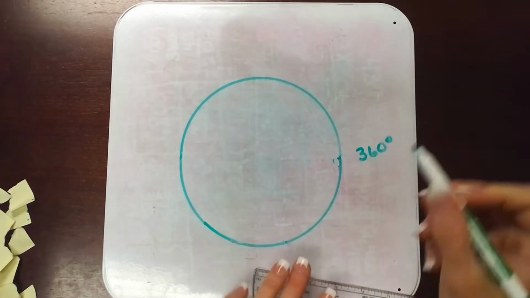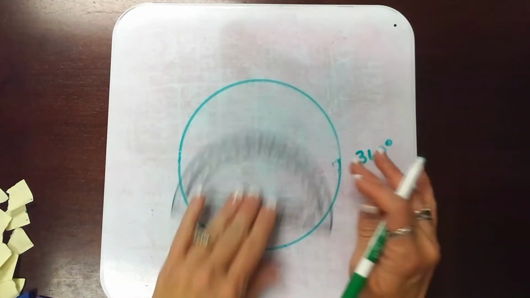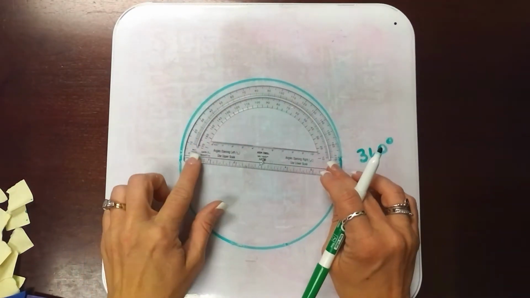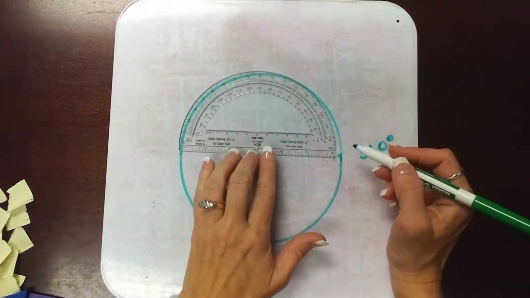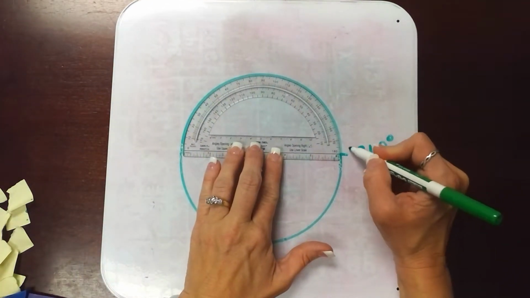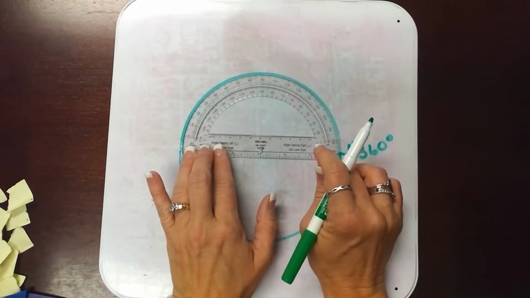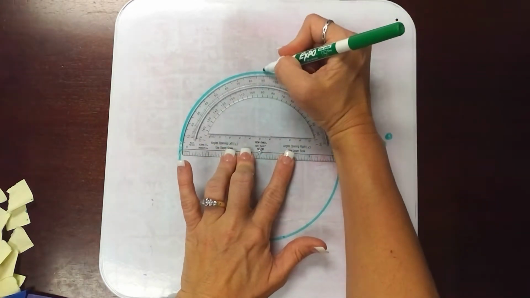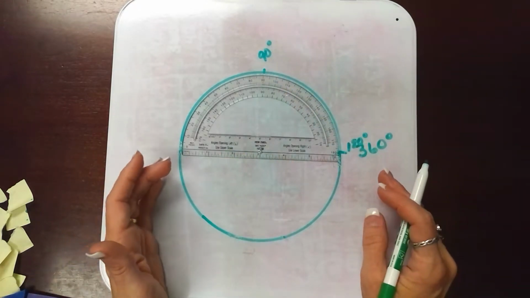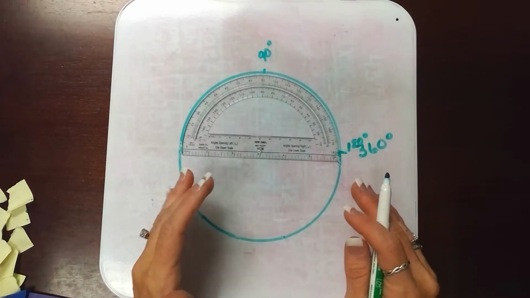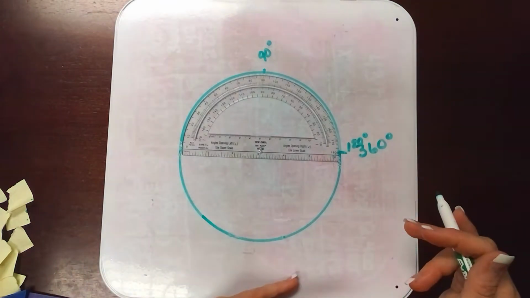And so a protractor is half of a circle, and so it is 180 degrees, and that is our straight angle, right? And up here is our 90 degrees, and so you can talk to students about what a protractor is, and that it gives me a way to measure a cutout piece of a circle, a cutout angle of a circle.